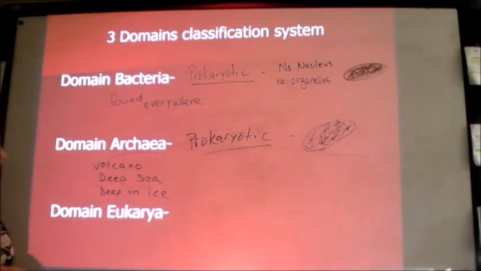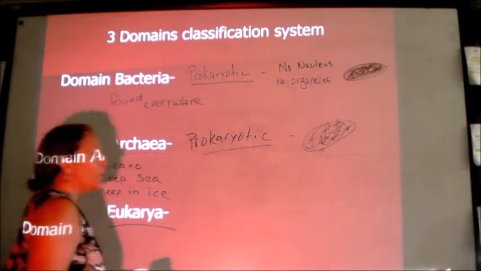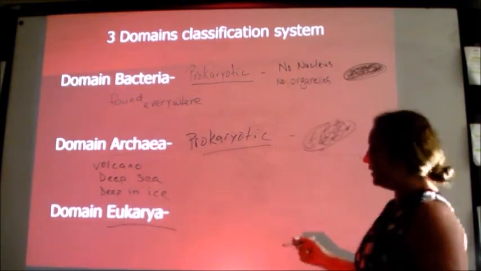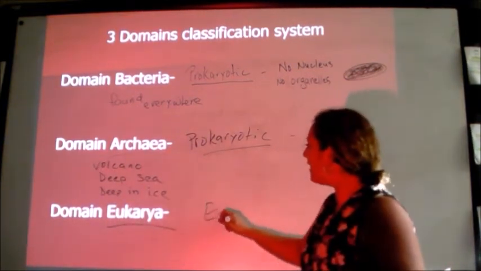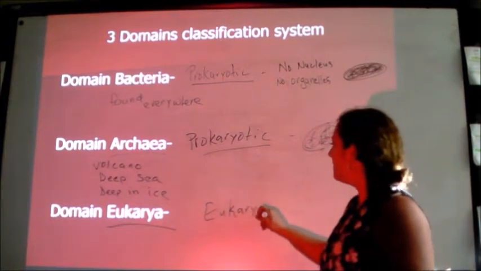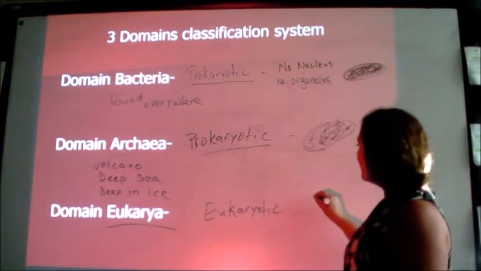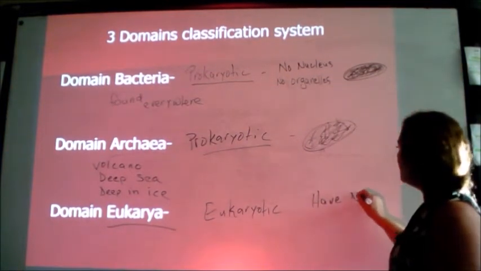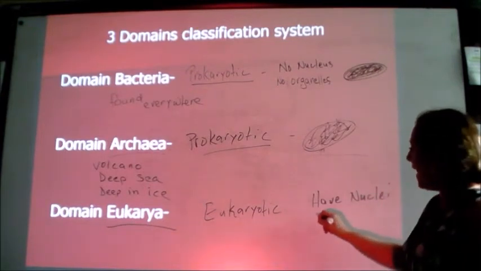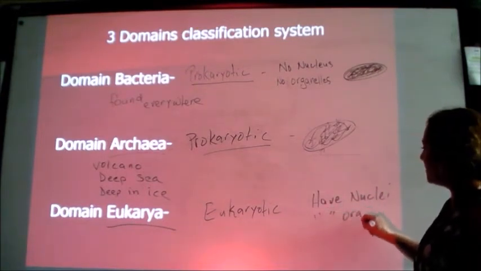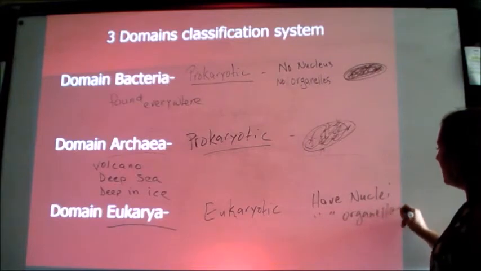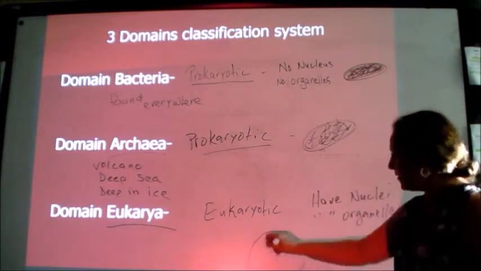And then we get to domain eukarya, which is what the category we fall into. This means they're eukaryotic, which means they have a nucleus and they have organelles. So you have your cell membrane.